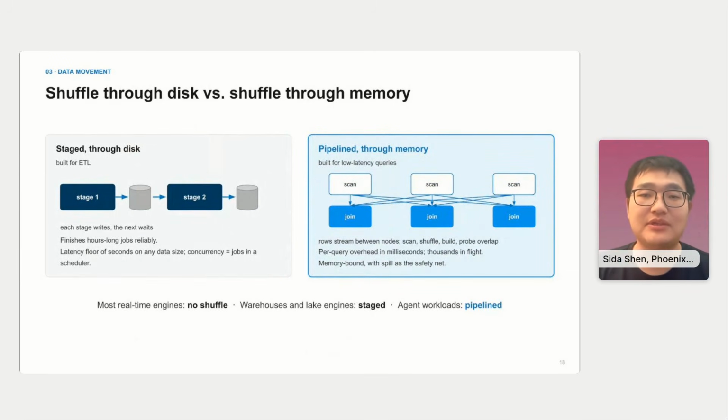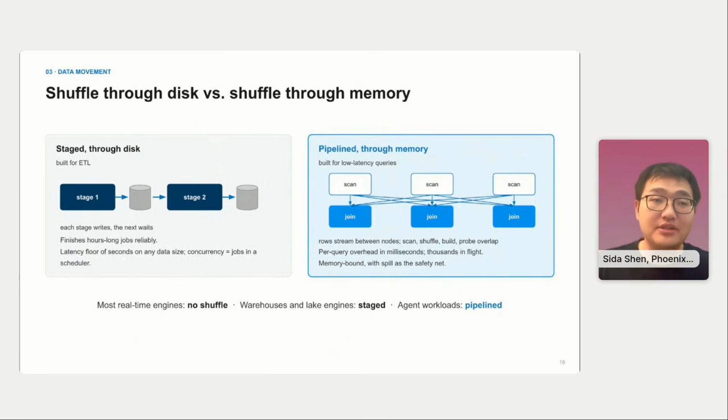Basically, with every shuffle, the data is written and persisted to disk. So if something goes wrong in the middle of the query, they can go back and redo it from the middle. This is really good for long running batch jobs. Not that they're making it slow on purpose, but this is for jobs that are going to run for like a day.